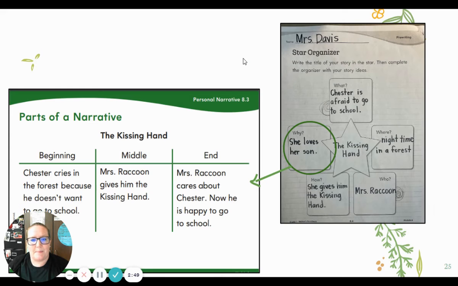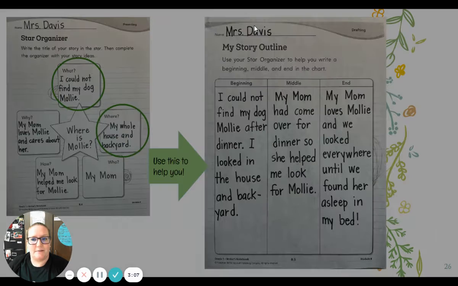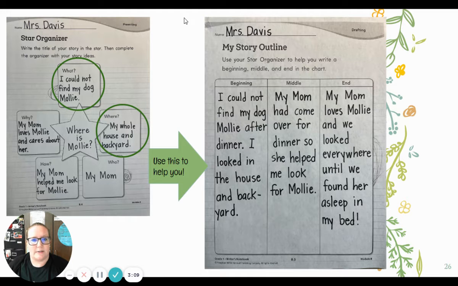We said that happens at the end of the story. Mrs. Raccoon cares about Chester and how that helps to solve the problem. Now he is happy to go to school. So as you can see, writers, we have planned out the beginning, middle, and end of The Kissing Hand using our star organizer.